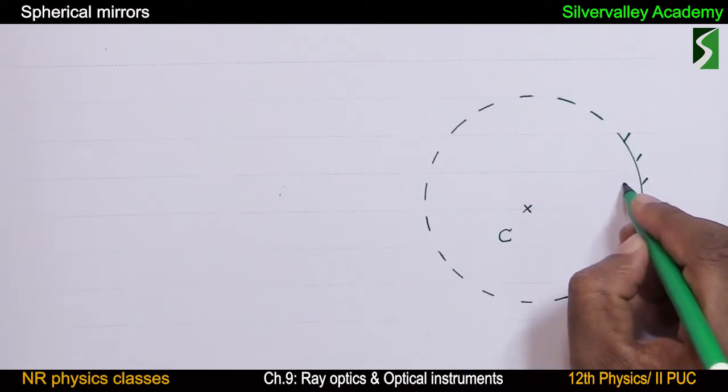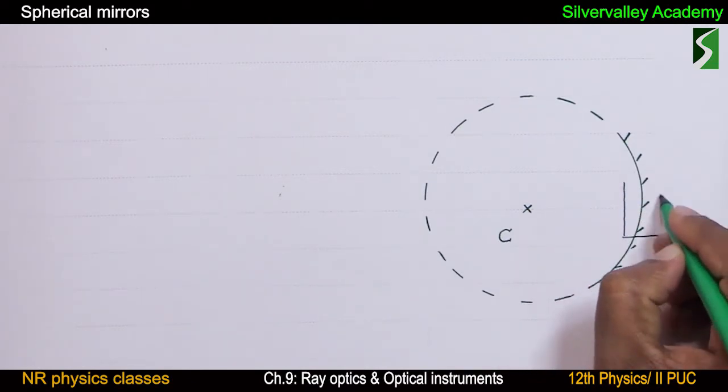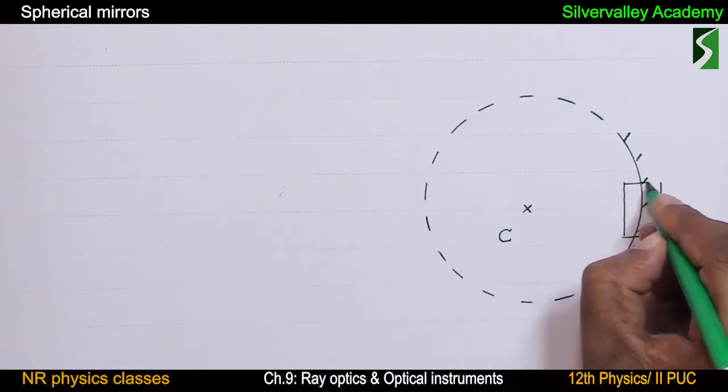Then, the small region available for reflection is called the aperture.